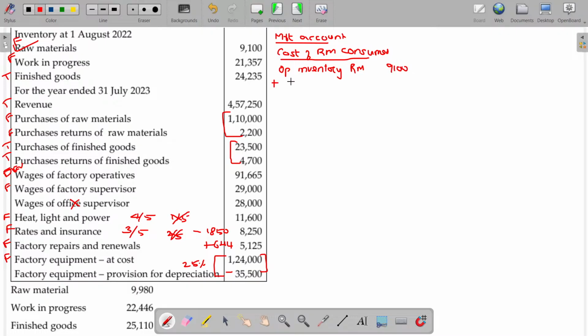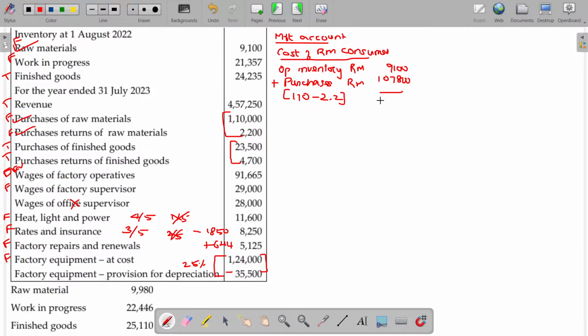Add purchases of raw material. In case of purchases of raw material, the return should be subtracted. So 1,10,000 minus 2,200. After that, the final value being 1,07,800.